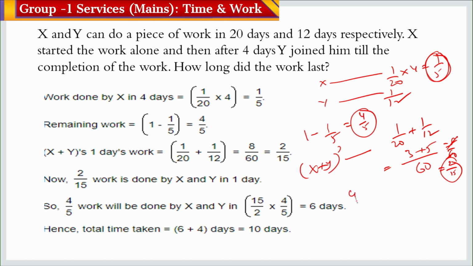To do the work of 4 by 5, it is 15 by 2 into 4 by 5. 5 ones are 5, 3 fives are 15, 2 ones are 2, 3 twos are 6. So, 6 days. So, the remaining work can be done by X plus Y in 6 days. X initially worked 4 days. So, 6 plus 4 is 10 days, clear.